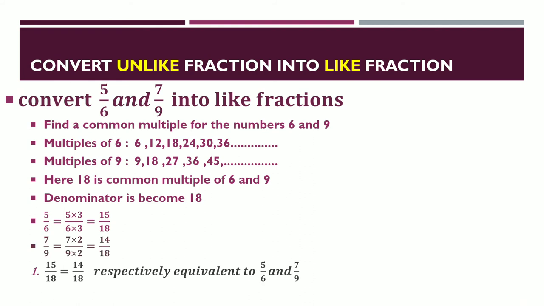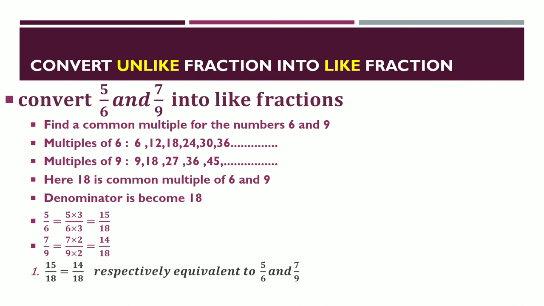Next, 7 upon 9. The 9 is the denominator. For getting denominator 18, we multiplied 9 by 2. So we multiplied the numerator 7 by 2 and we get 14 upon 18.